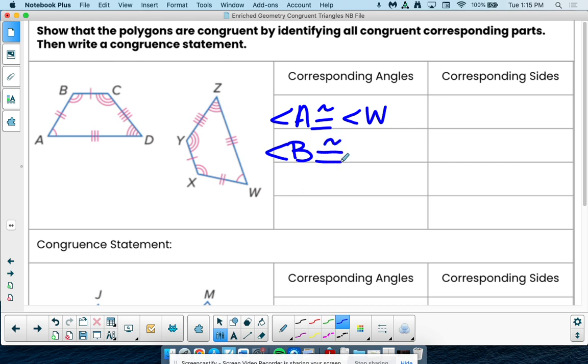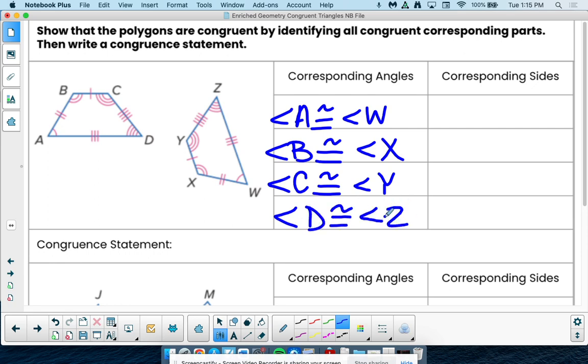Angle B is congruent to, 2 goes with X, right? Angle X. Angle C is congruent to Y. And then lastly, D and Z go together. Perfect. So we checked all of our angles.